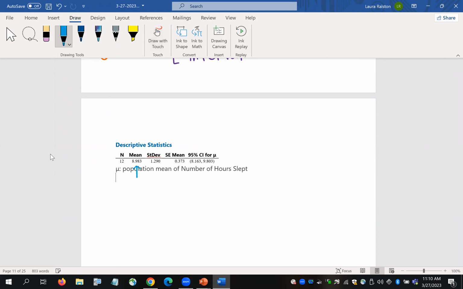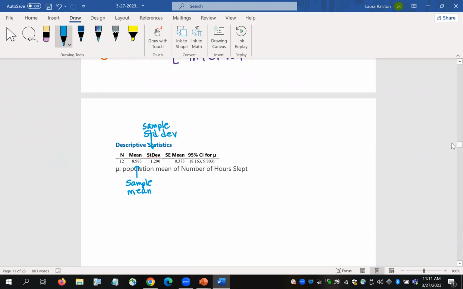See, it's calculated the sample mean. It has calculated the sample standard deviation. So should you need it, remember Minitab has calculated those things.